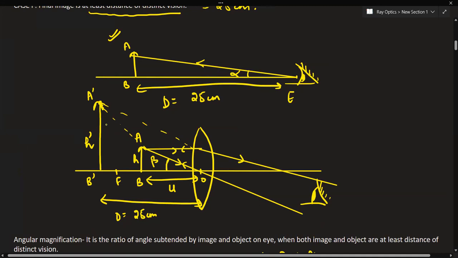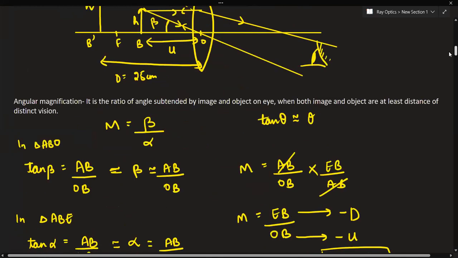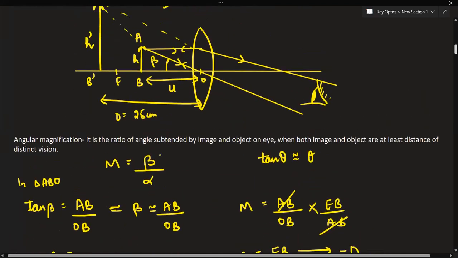So if this angle is alpha, we call this angle beta. This is a straight line, it has to be a straight line. Now if you take tan beta from this, this is AB divided by BO.